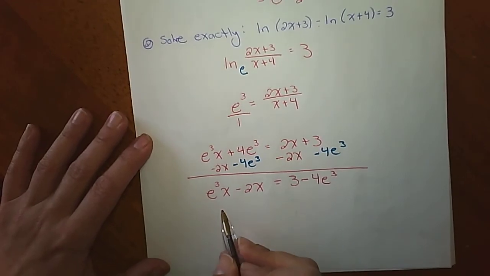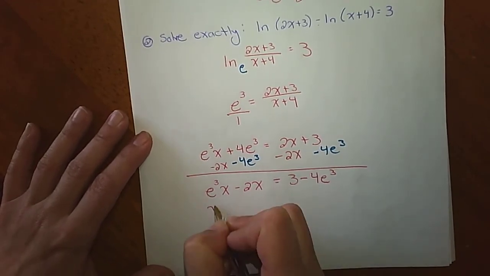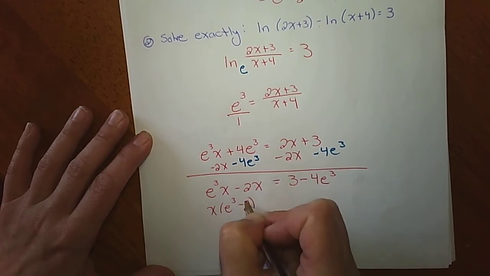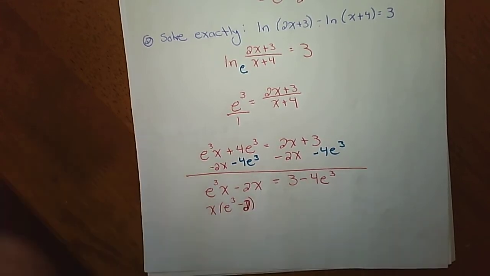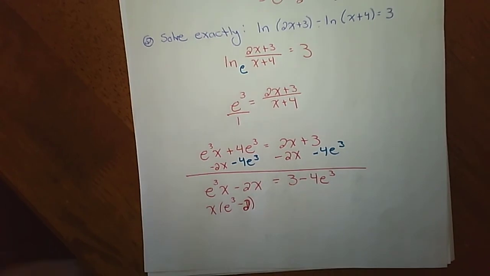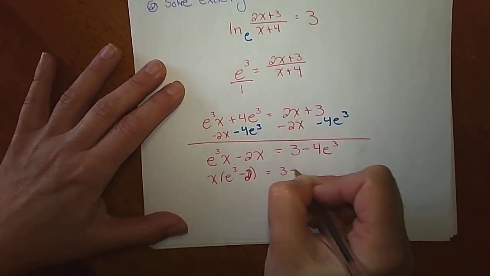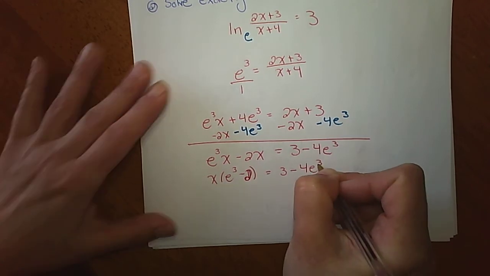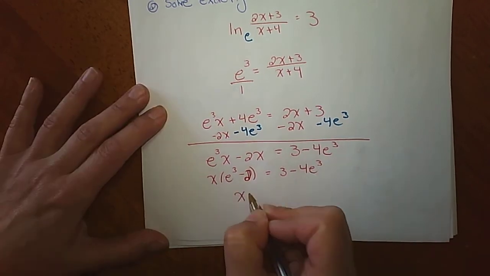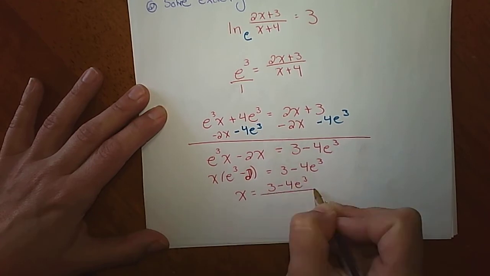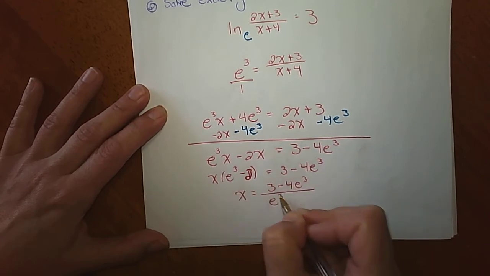Now, the reason why we did that is we can factor out an x here. Oops, that'd be a 2. So I factored out an x, and I have x times (e to the 3rd minus 2) equals 3 minus 4e to the 3rd. And now all I have to do is divide by e to the 3rd minus 2.